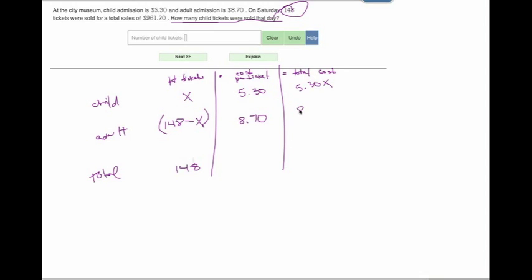So I'll write that as 8.7 times 148 minus X, because 8.7 is the same as 8.70. And finally, the total cost altogether of all the tickets is given in the problem, $961.20. That's the total.